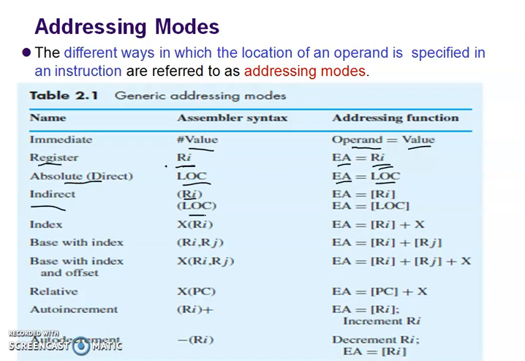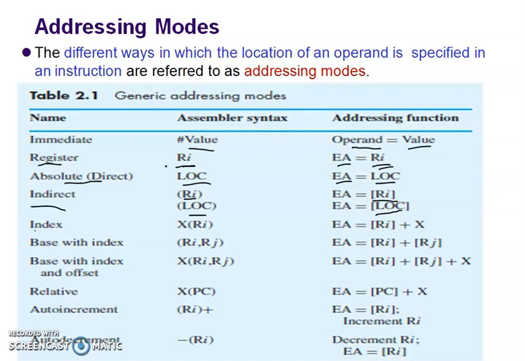It will be having another address where the actual value will be stored. So the effective address will be enclosed within square brackets to get the actual value. So Ri and LOC here represent some memory location where the address value is being stored, and that address will be having the actual value.